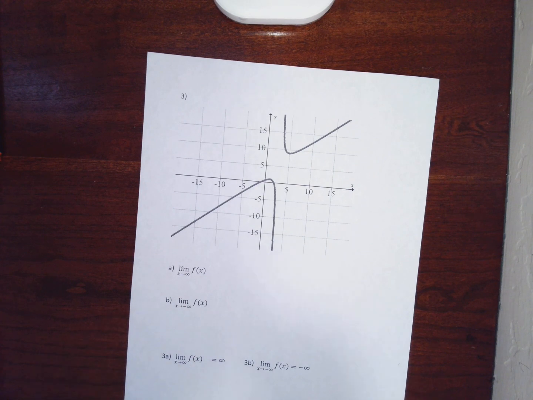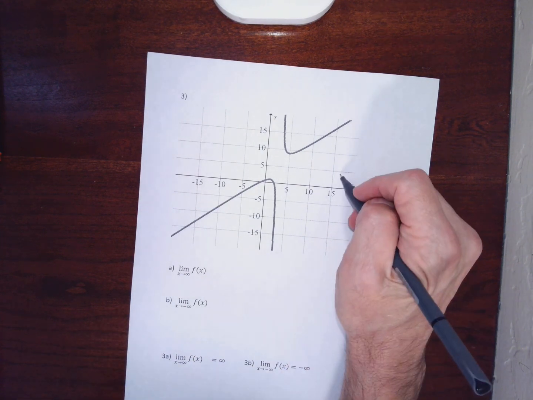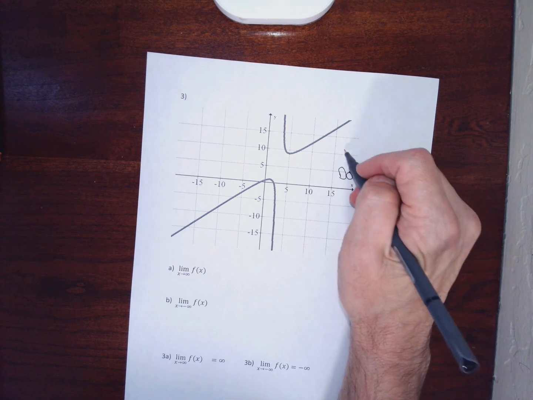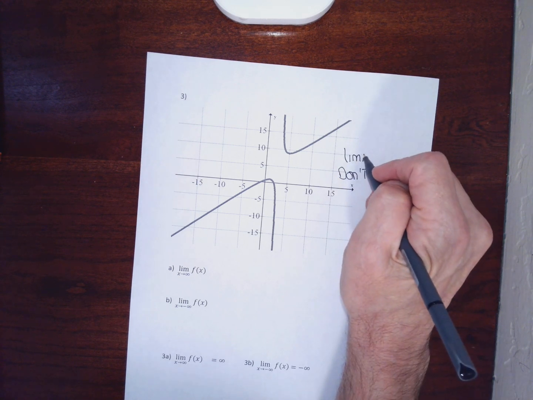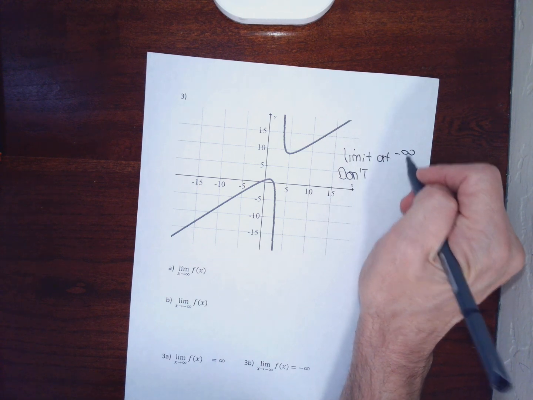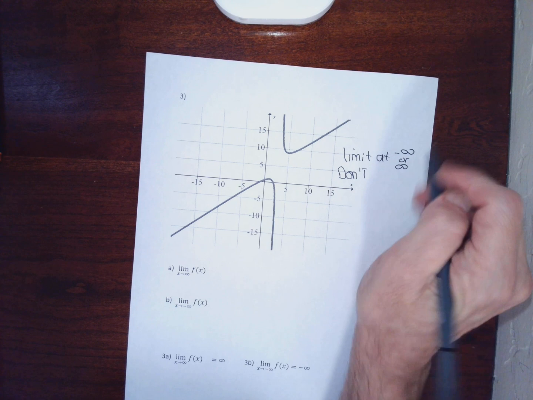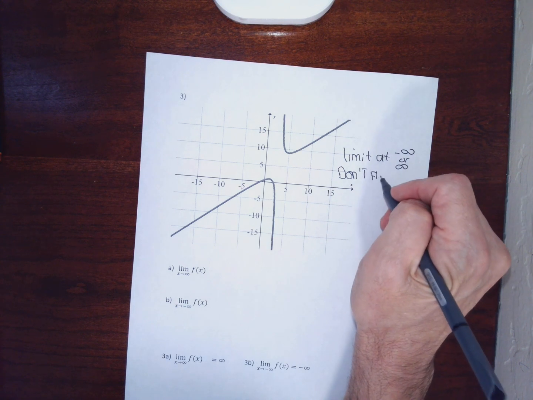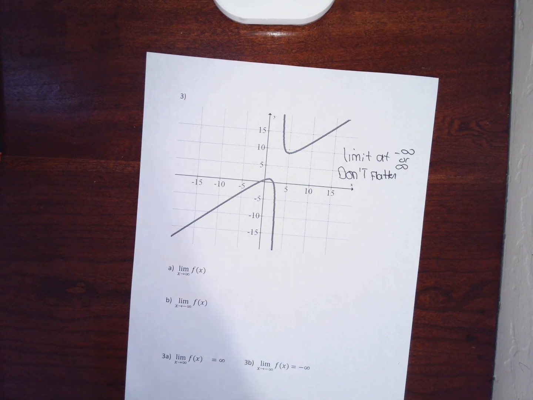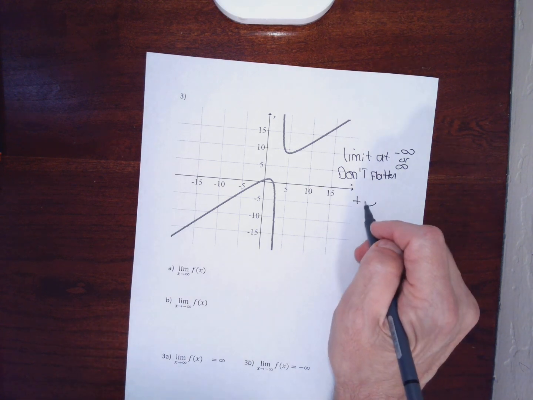The next limits at infinity are for graphs that don't flatten out. So this is the limit at either negative infinity or positive infinity. If it doesn't flatten out, then your answer is either positive or negative infinity. This is the positive infinity side.